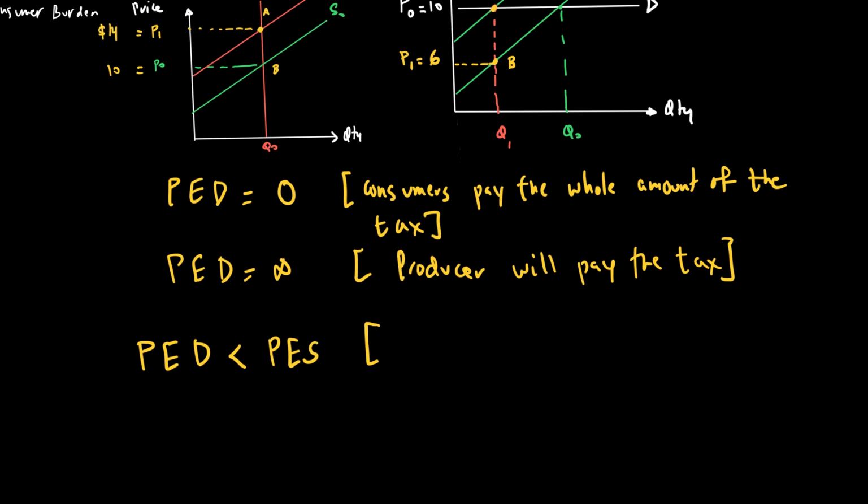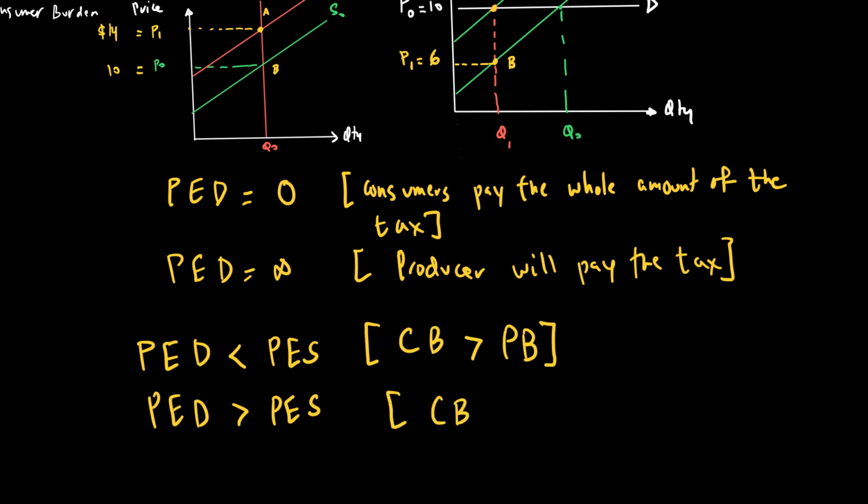We can say this, that the consumer burden CB will be greater than producer burden. And I'm going to show this in a diagram as well in 1 minute. Similarly, if PED is greater than PES, which means now consumers are relatively more flexible than producer, then the consumer burden will be less than producer burden.